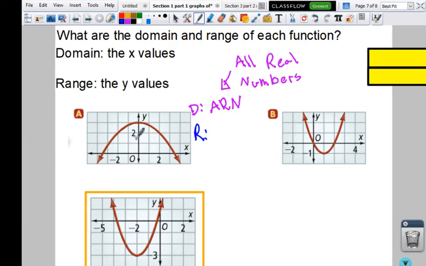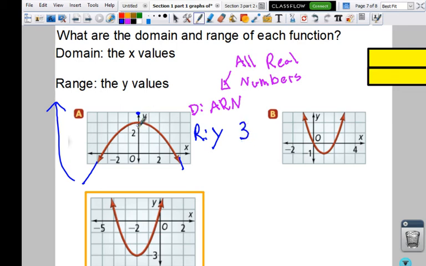So we talked about parabolas, right? The arrows mean they're going down this way. Is it ever going to loop back up and get way up higher? No. So those arrows mean it goes forever that way. So my range is a little different. Range talks about y's, so I'm going to start with y. My maximum y is 3, right?